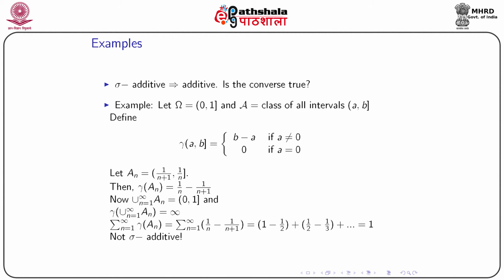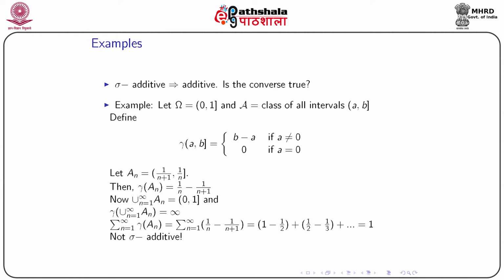Now, for this we are considering one example. Suppose the reference set is an interval which is 0 open, 1 closed. This is the reference set we are taking, and we are constructing a class of intervals of the same form, left side open, right side closed. So, it is (a, b], this is the interval we are considering. We are considering all possible intervals and making it a class.